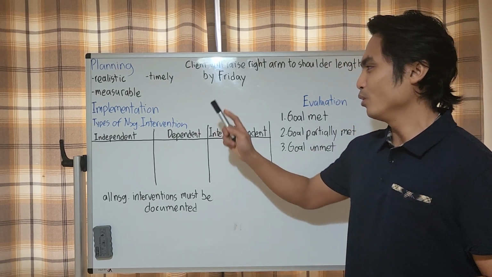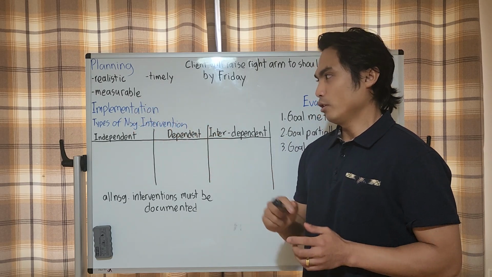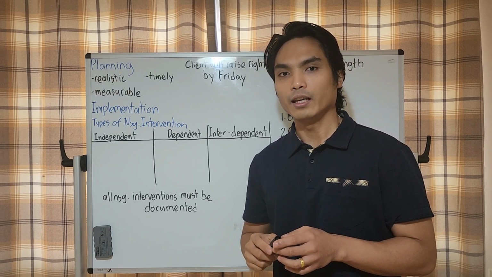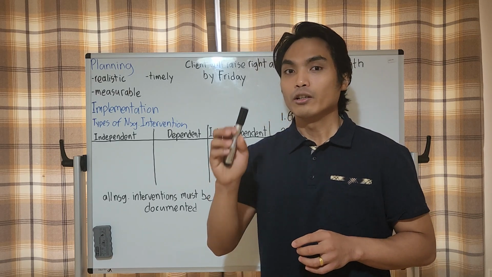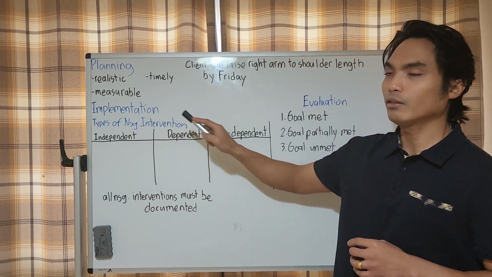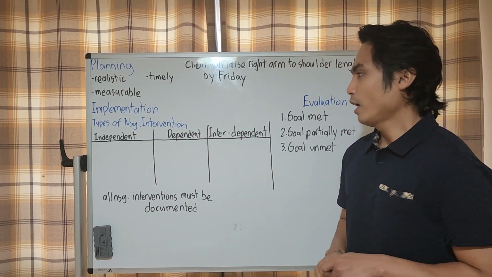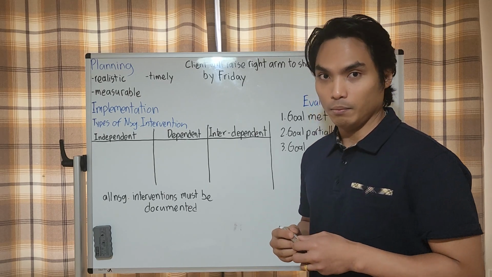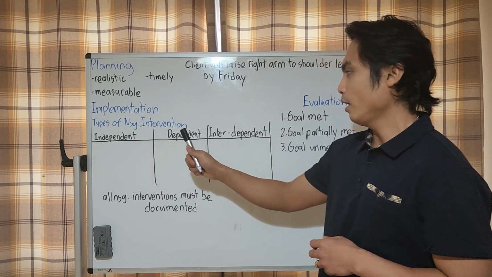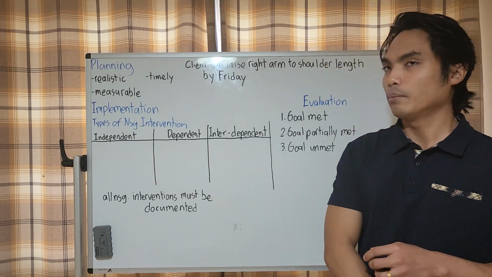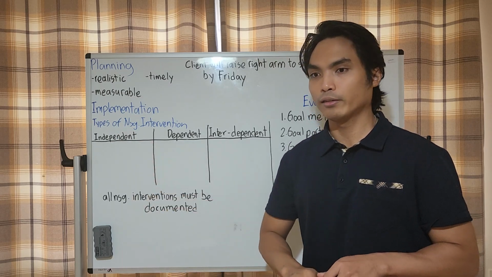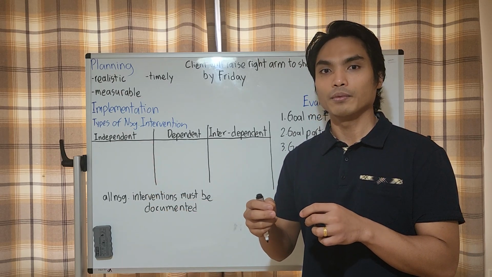Next one, we go to implementation. Implementation, this is your actual nursing action. Your nursing action can also be called your nursing intervention. So we have 3 types of nursing intervention: independent, dependent, and interdependent. Independent, it's the nurse can do them themselves.